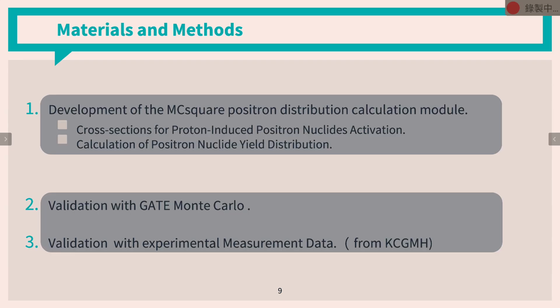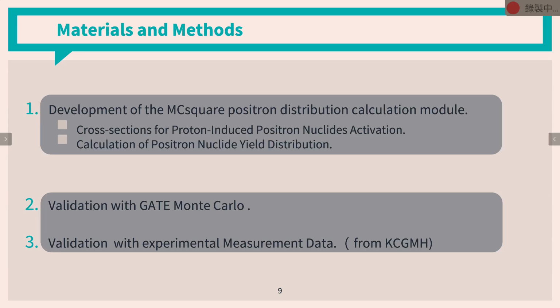In the next part, I will do the validation with GATE Monte Carlo and the experimental measurement data from Kaohsiung Chang Gung Memorial Hospital. GATE is a Monte Carlo simulation platform built on the Geant4 toolkit, extensively applied in medical physics, including SPECT and PET image simulation, and more recently CT images and proton dose estimation for patients.